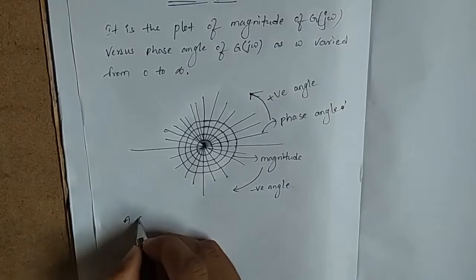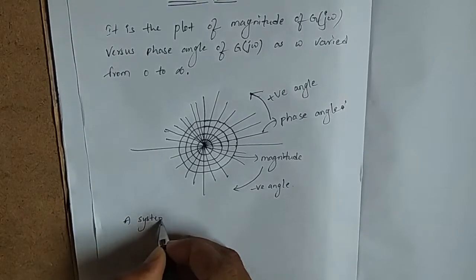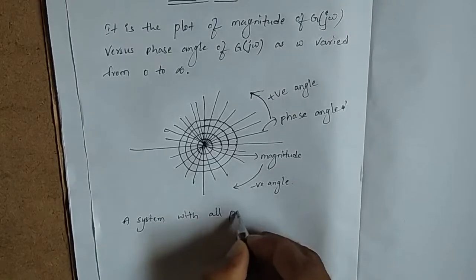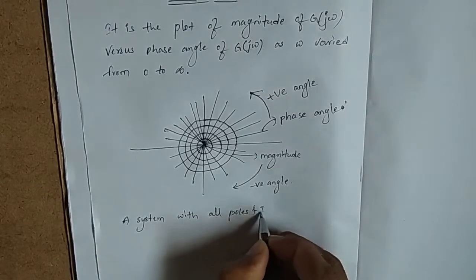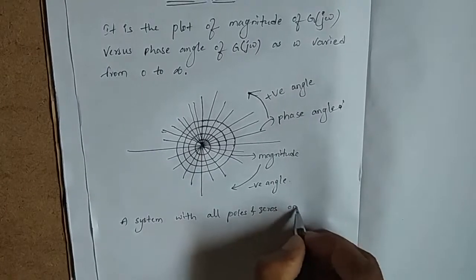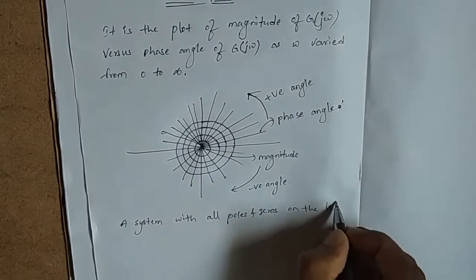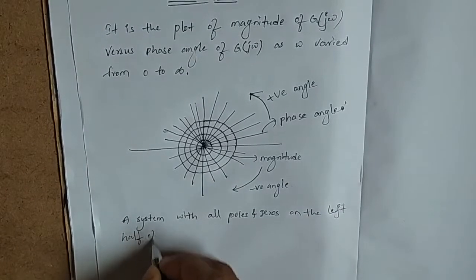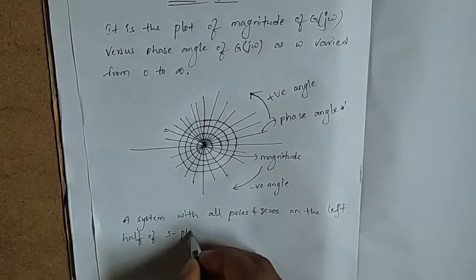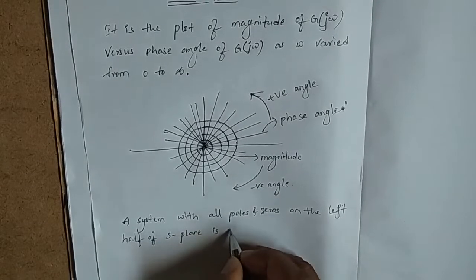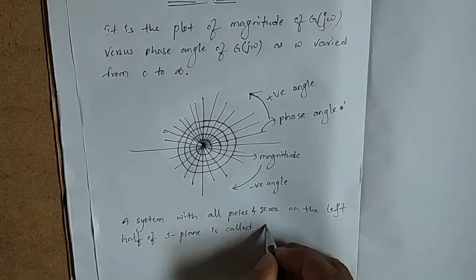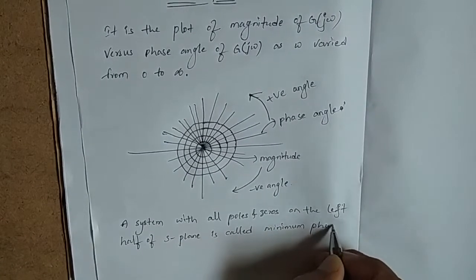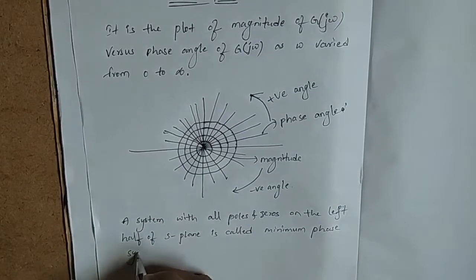A system with all poles and zeros on the left half of the S plane is called a minimum phase system.